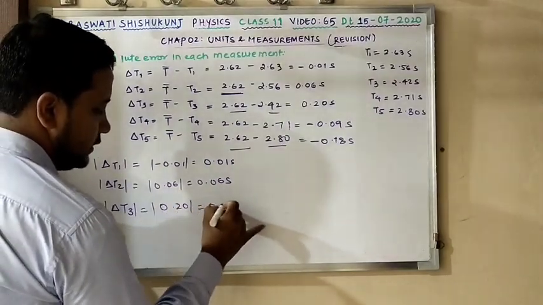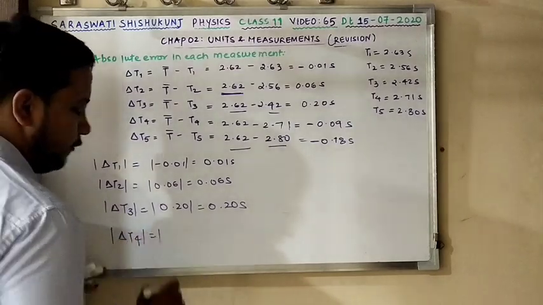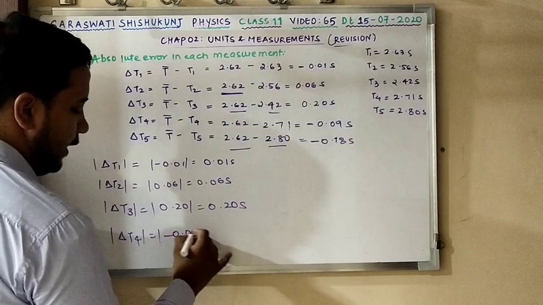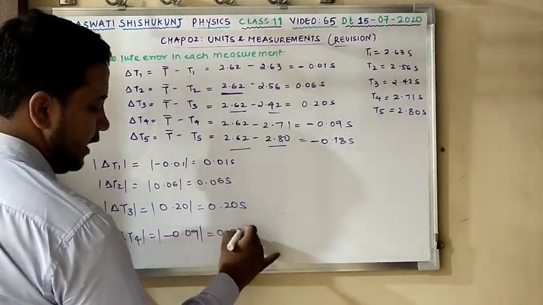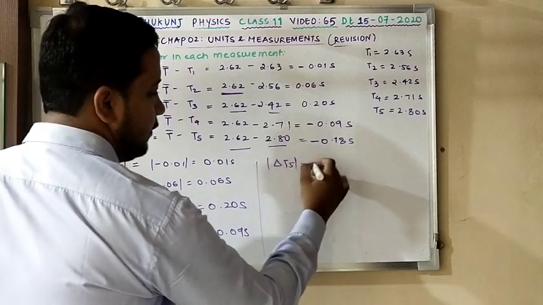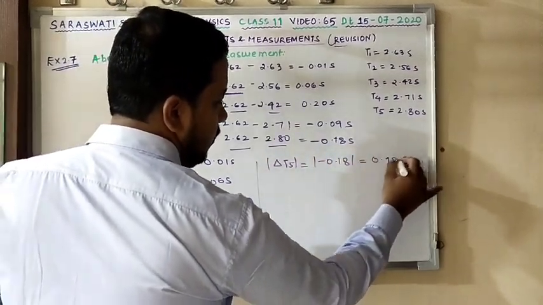Very good, so the answer is 0.20 seconds. Delta T4, what is the modulus of it? Minus 0.09. Your answer is 0.09 seconds. Next is the modulus of delta T5, that is the modulus of minus 0.18. Your answer is 0.18 seconds.